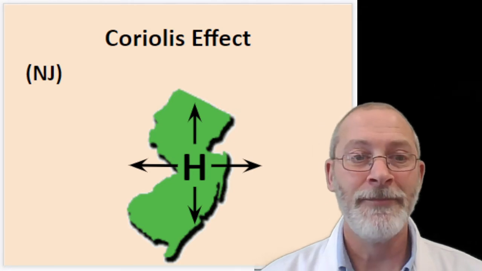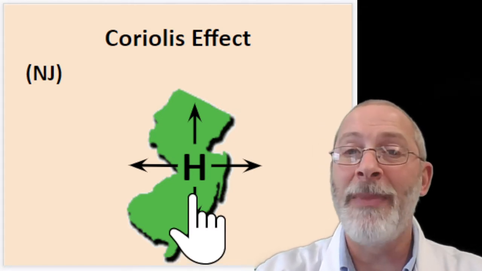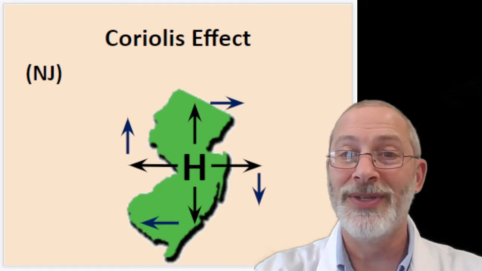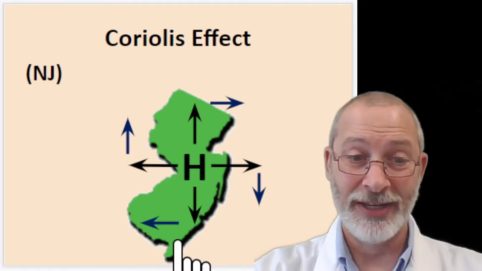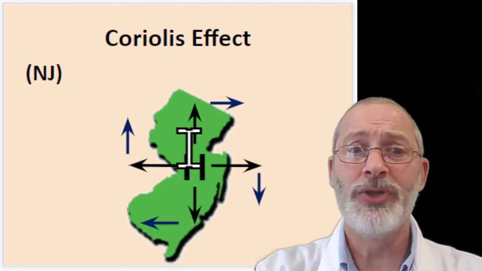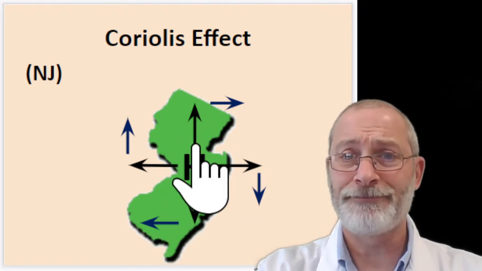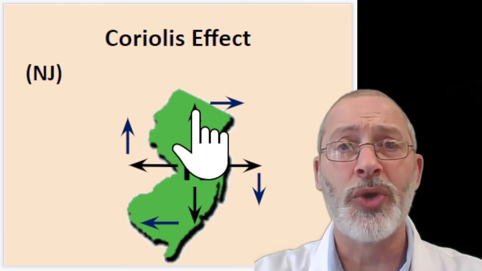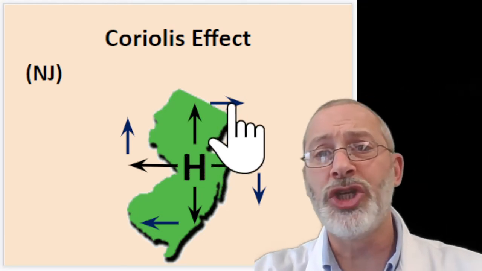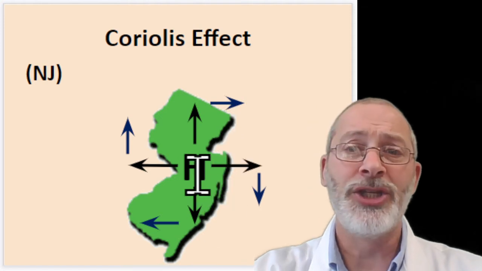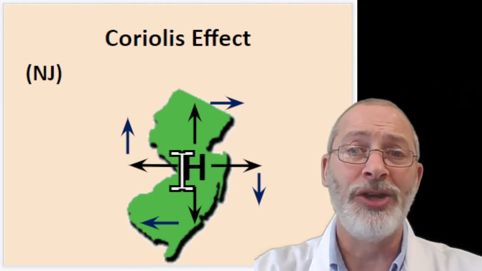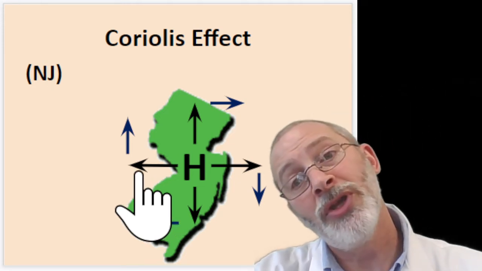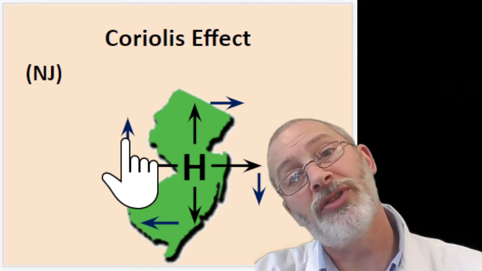To the right. So as this air mass moves out from the center, here's what happens. It is shifted to the right. So let's look at this top arrow first. The arrow is going northward, but because of the Coriolis effect, it's being shifted to the right. Now imagine you're standing on the H here and you're looking down this arrow, your movement is shifted to the right.